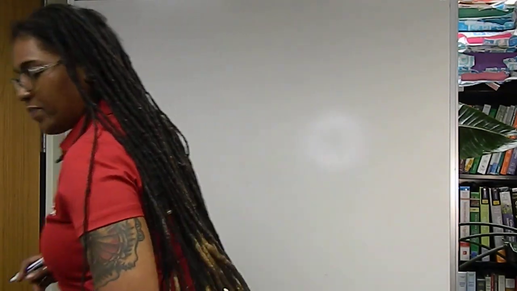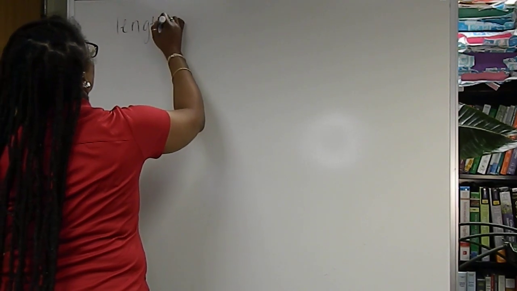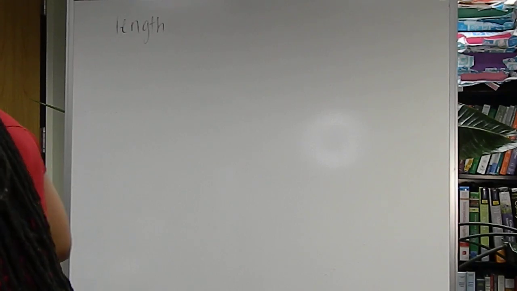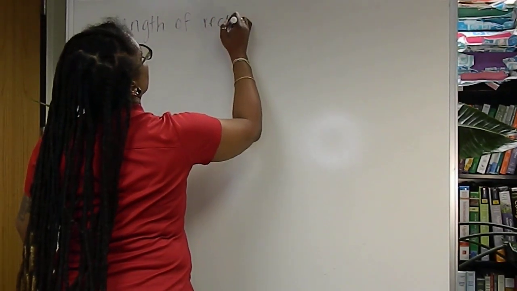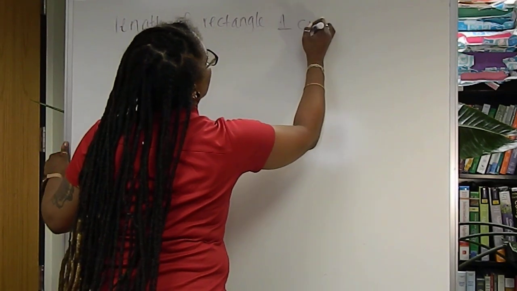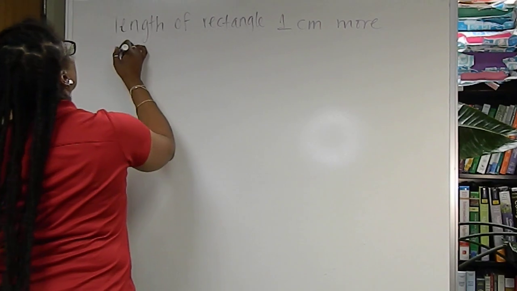So the first question I had says, the length of a rectangle is 1 centimeter more than twice the width. Length of rectangle is 1 centimeter more than twice the width.